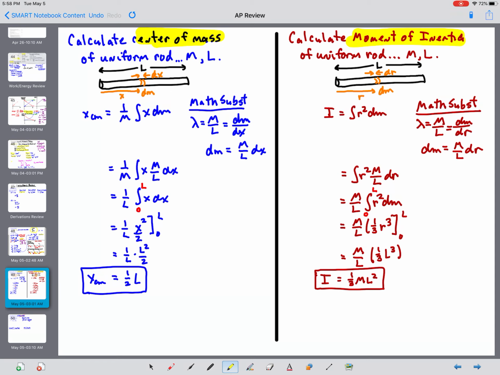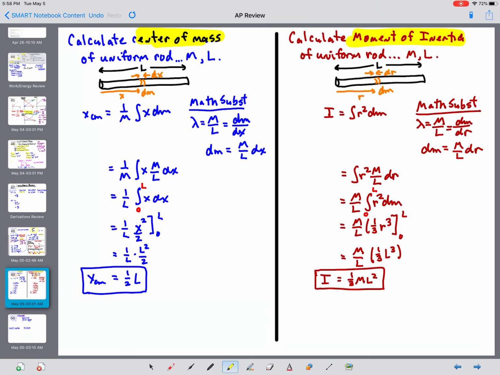So then on each of them, I have a uniform rod of mass m and length L. I've taken the equation, which in each case has a dm, and I've identified a dm on the rod, and then the location of that dm, which for the center of mass we use the variable x. So then the thickness of that dm chunk would be a dx, and then for the moment of inertia, r is the variable, so then the thickness of that chunk would be a dr.